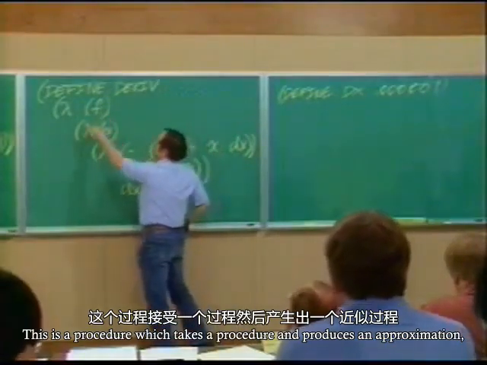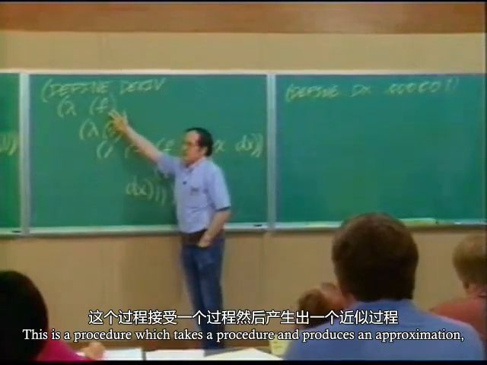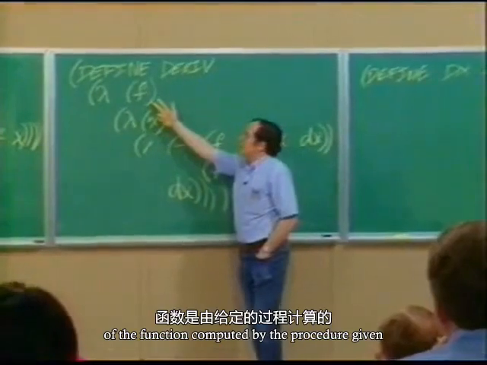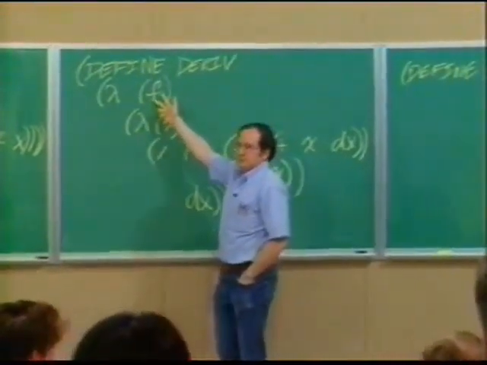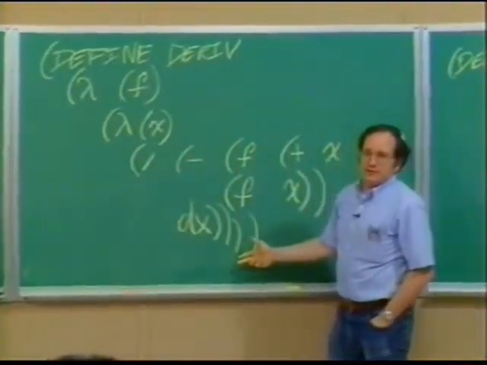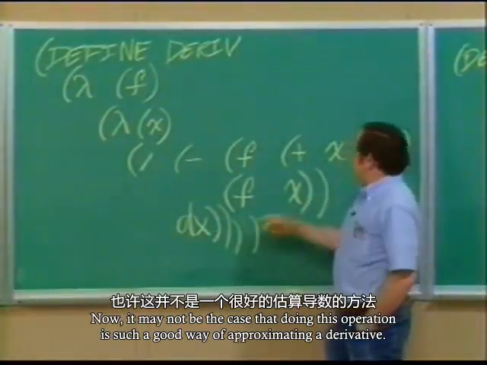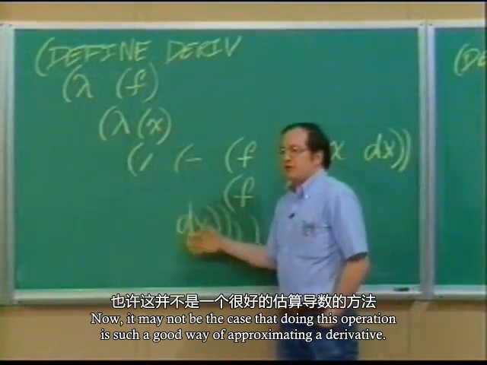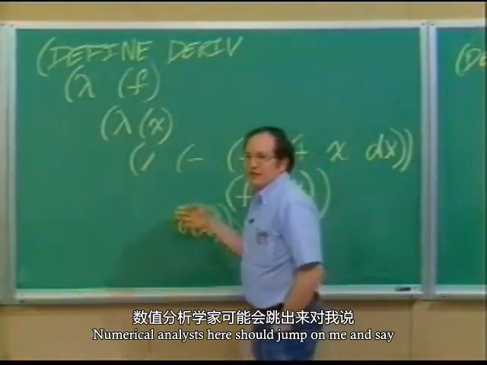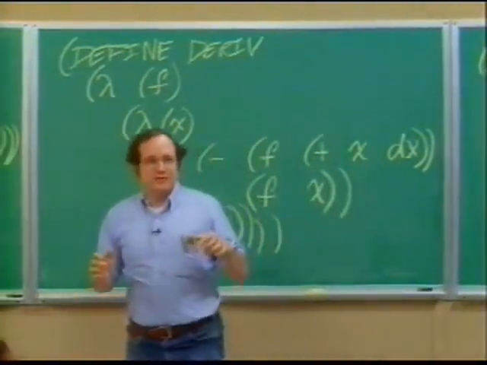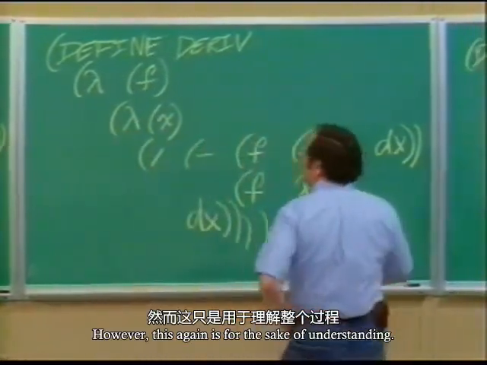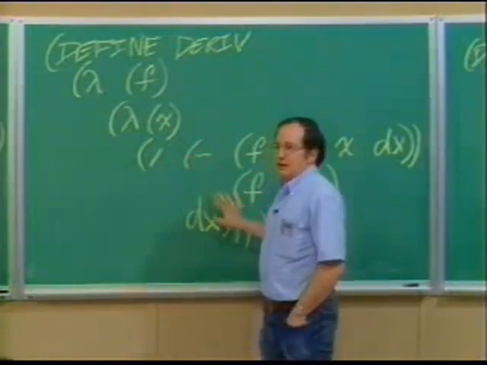This is a procedure which takes a procedure and produces a procedure that computes an approximation to the derivative of the function computed by the procedure given, by the standard methods that you all know and love. Now, it may not be the case that doing this operation is such a good way of approximating a derivative. The numerical analysts here should jump on me and say, don't do that. Computing derivatives produces noisy answers, which is true. Okay? However, this again is for the sake of understanding.